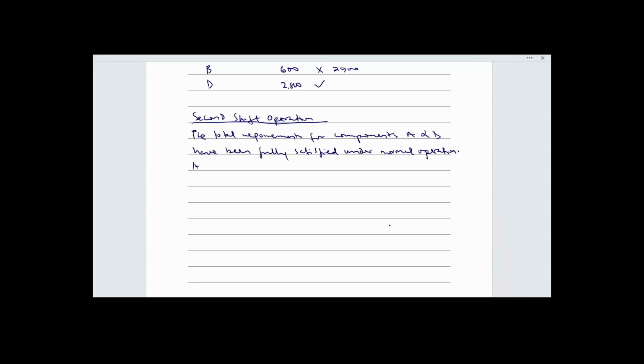However, component B requires 3,500 units, but only 600 units will be produced under normal operation.